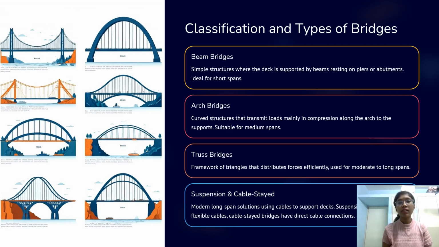Next is the classification and types of bridges. In our video lecture, we explain four types of bridges. First is the beam bridge, a simple structure where the deck is supported by beams resting on piers and abutments, and ideally these beams are only for short spans.